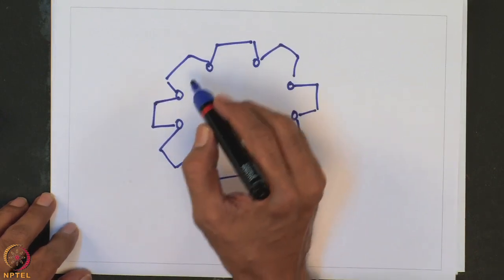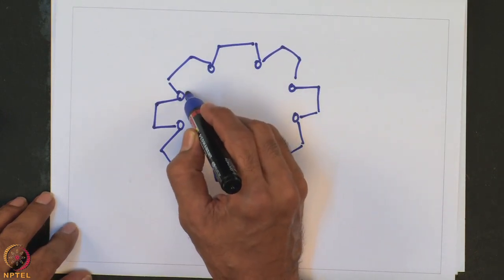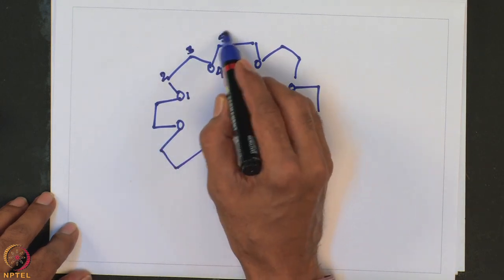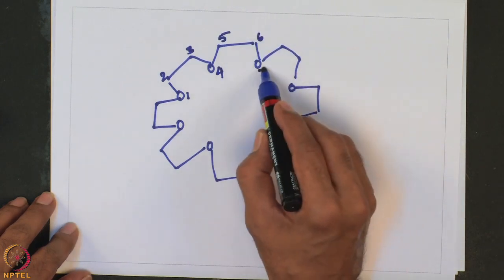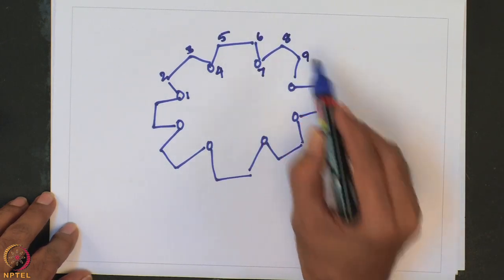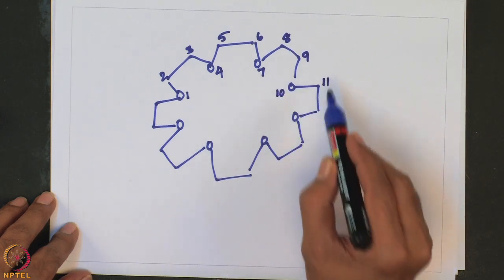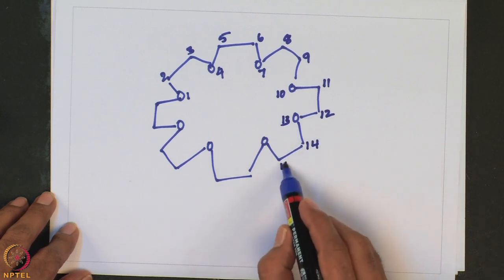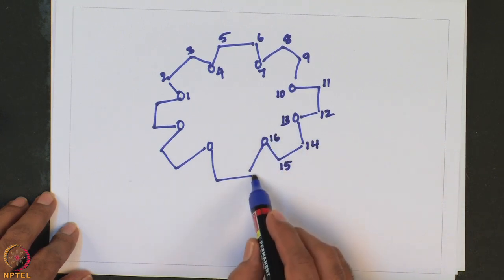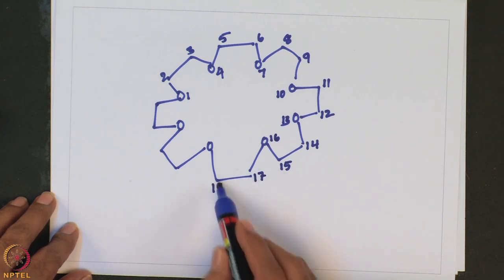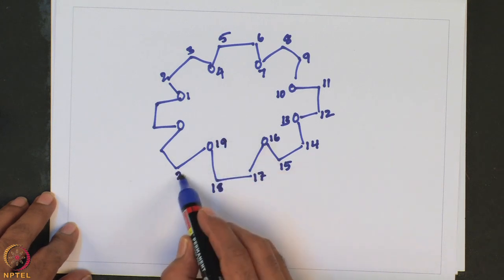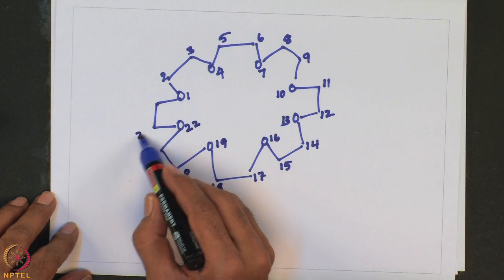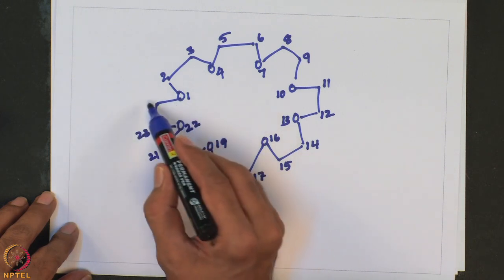You start numbering from somewhere: 1, 2, 3, 4, 5, 6, 7, 8, 9, 10, 11, 12, 13, 14, 15, 16, 17, 18, 19, 20, 21, 22, 23, 24.